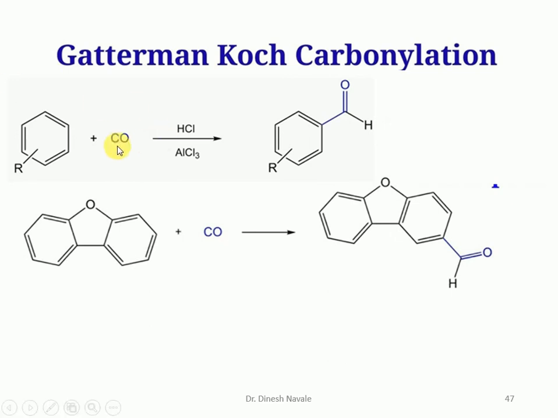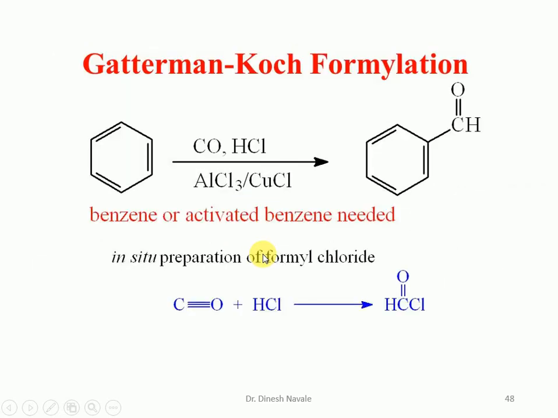So these are some examples. Substituted benzene by Gattermann-Koch formylation will give substituted benzaldehyde. So this molecule will give the same substituted aldehyde as a product. The reagent utilized here is the same Gattermann-Koch formylation.